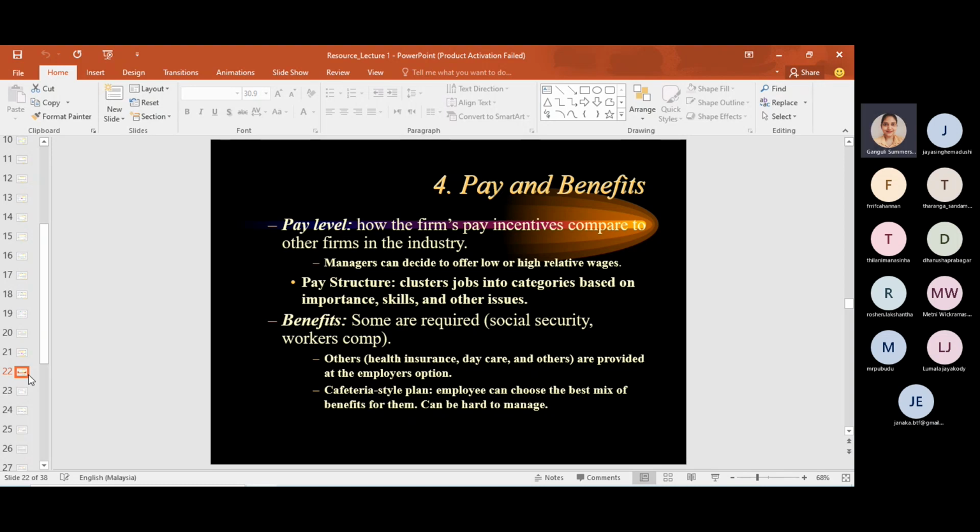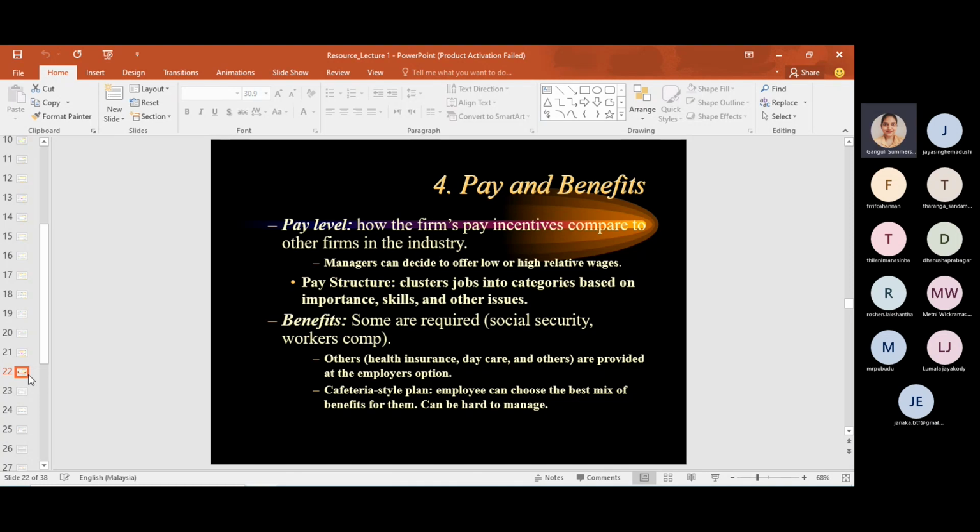Let's say person A is an employee, so he goes and chooses the 5 benefits that he likes. Person B goes and chooses the 5 benefits that he likes. And person C goes and chooses the 5 benefits that he or she likes.